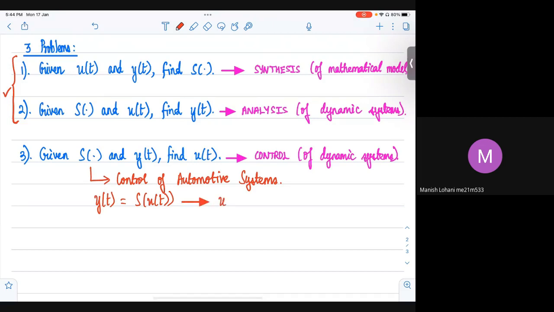So I need to invert this mapping. Given S and y of t, I need to find u of t, knowing the system. Philosophically, what I'm doing is solving an inverse problem, wherein I need to find u as S inverse of y. And such problems are difficult to solve.